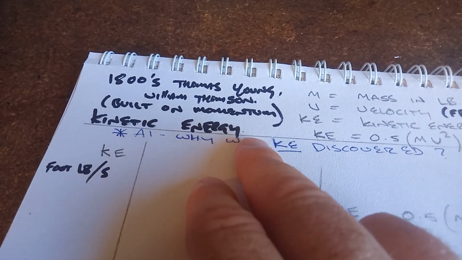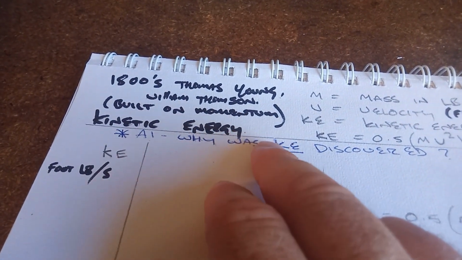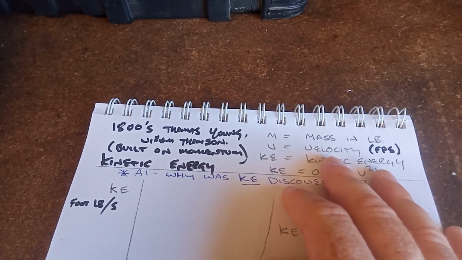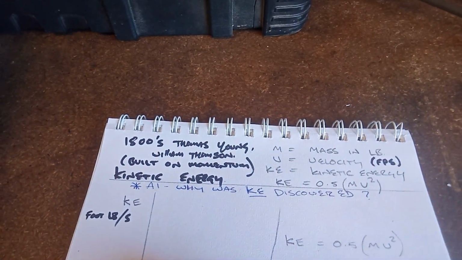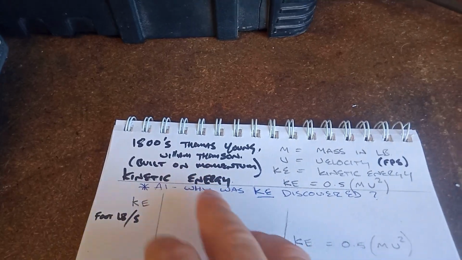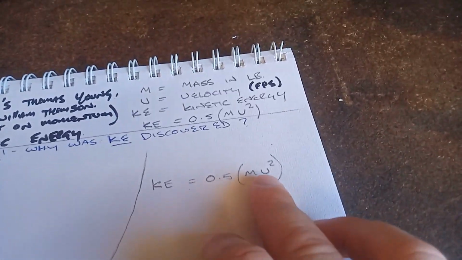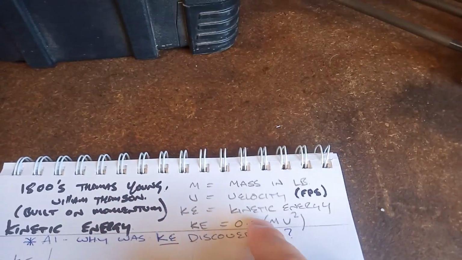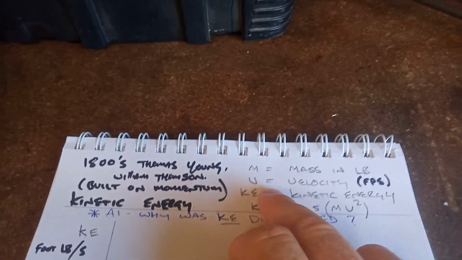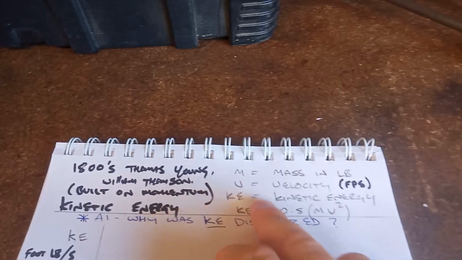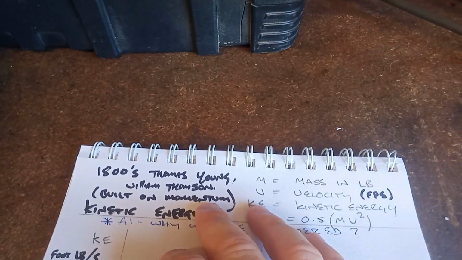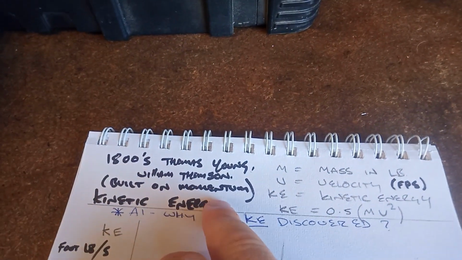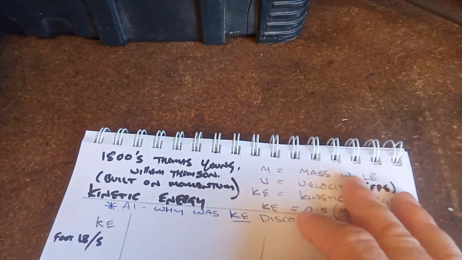It was historically built on top of the knowledge that we already had in the form of momentum as an add-on, and it also is built on momentum in the way that it includes the same variables. We have mass, we have velocity, and we have an energy output as a result of those two variables. So it uses the same variables, it does something slightly different with it, and so I'm stating that it was built on momentum. And you can run that through AI if you like.